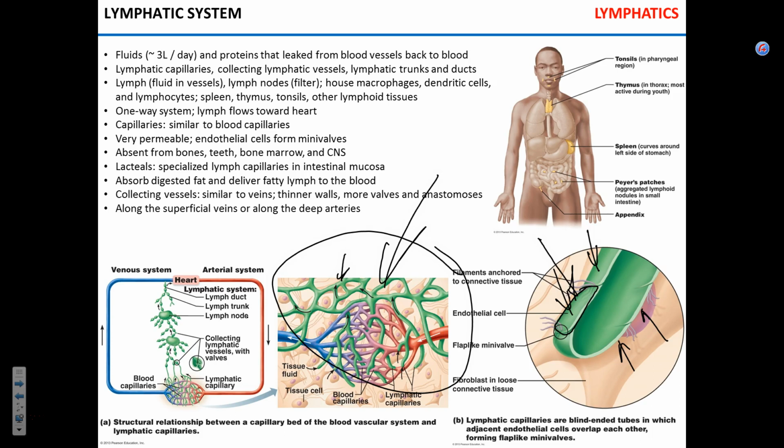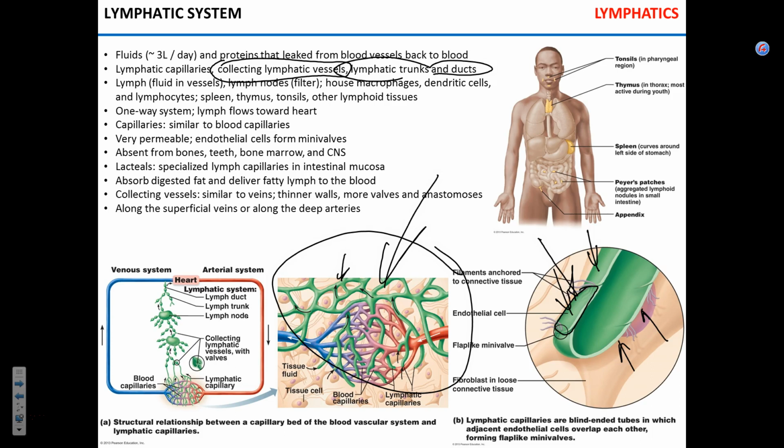So when fluid starts to accumulate in tissues, the valve opens. Does that make sense? Like a flap is open. Fluid flows into the lymphatic system. From the lymphatic capillaries, it goes to the collecting vessels, then to the trunks and to the ducts, and it ends up in the blood.